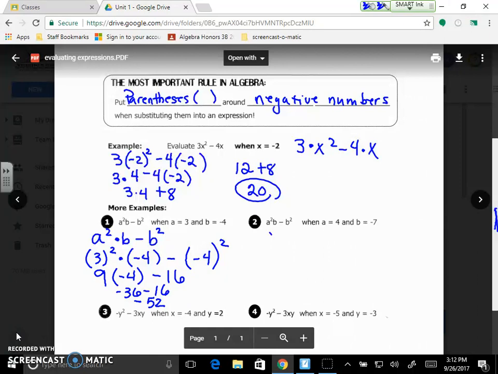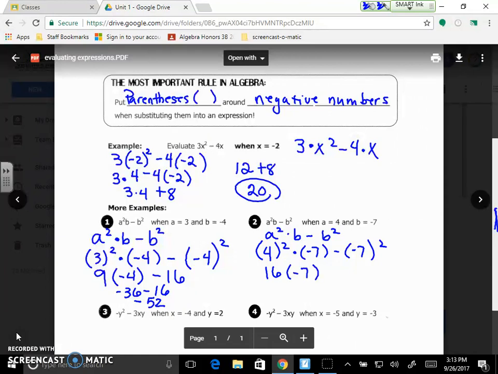Let's try the next one. A squared times b minus b squared. Now we're going to substitute in 4 squared times negative 7 minus negative 7 squared. 4 squared, which means 4 times 4, is 16, times negative 7.